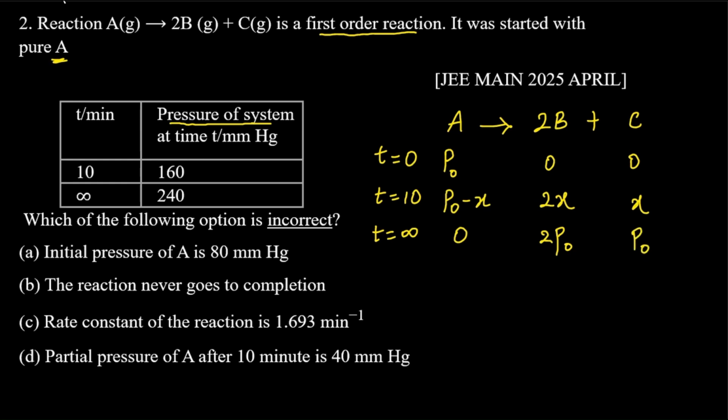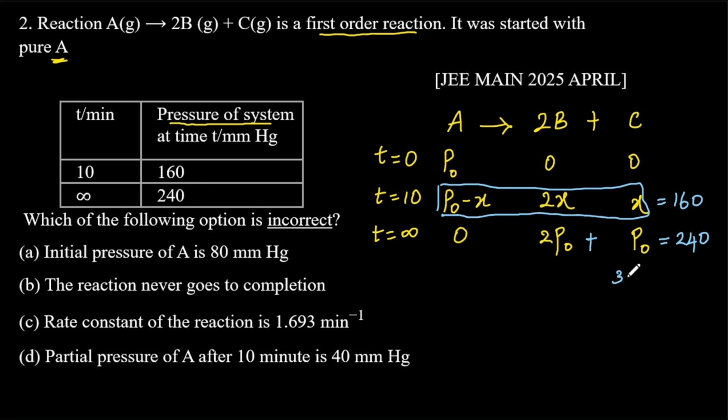So here the total pressure is given. The total pressure of the system. So at time t equal to 10, the total pressure is 160, and at infinite time 2 P naught plus P naught, the total pressure is 240.